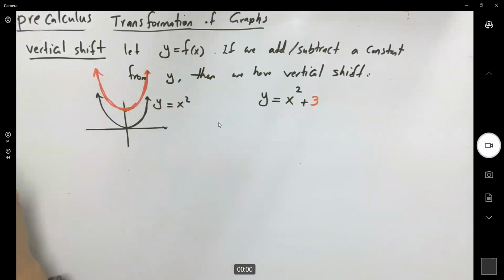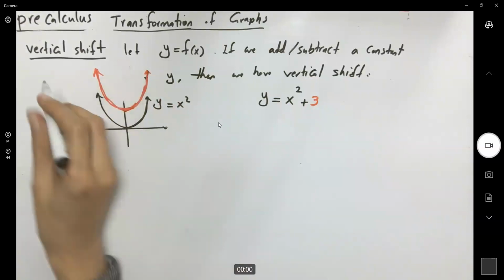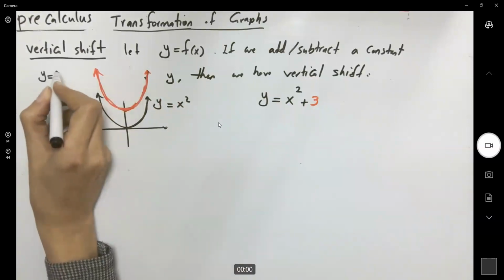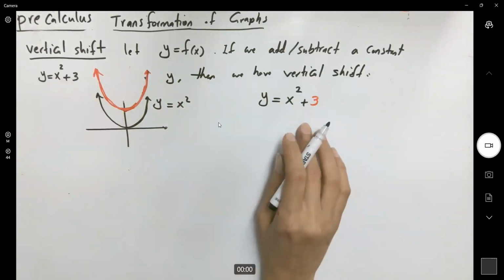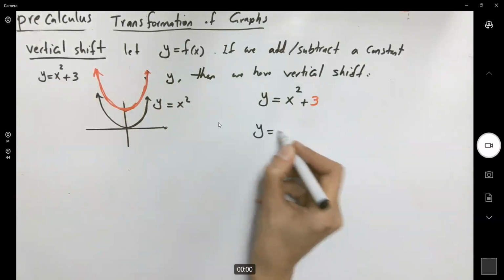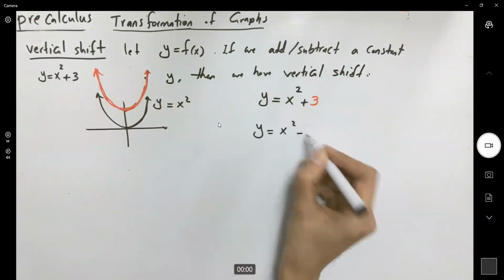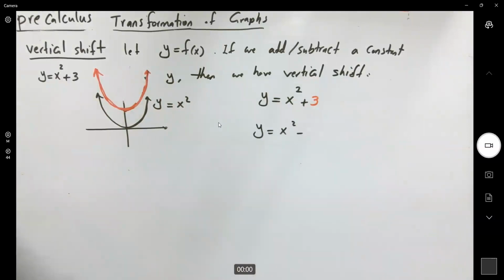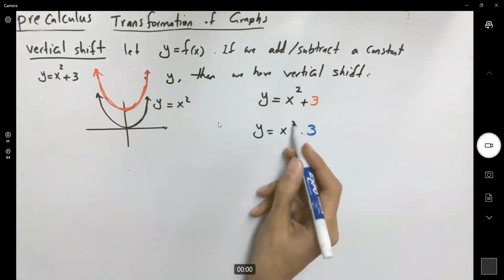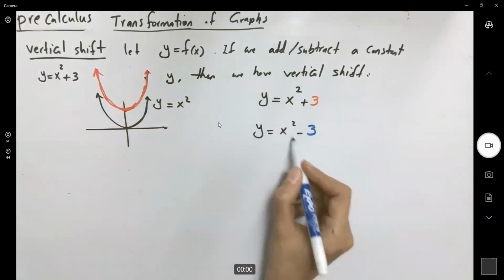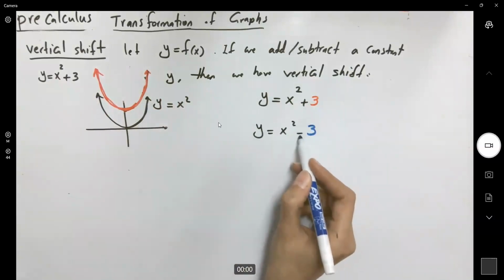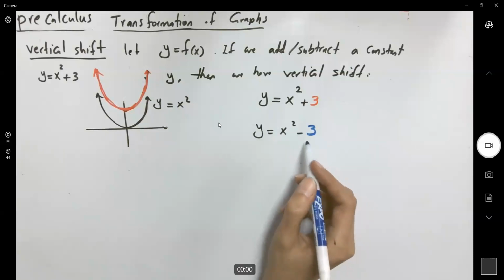So this is y equals x squared plus 3. Now, what if I subtract a number? Y equals x squared, now minus 3. Let's see what happens. I'm taking this parent function and shifting it 3 units, because of the negative sign, downward.